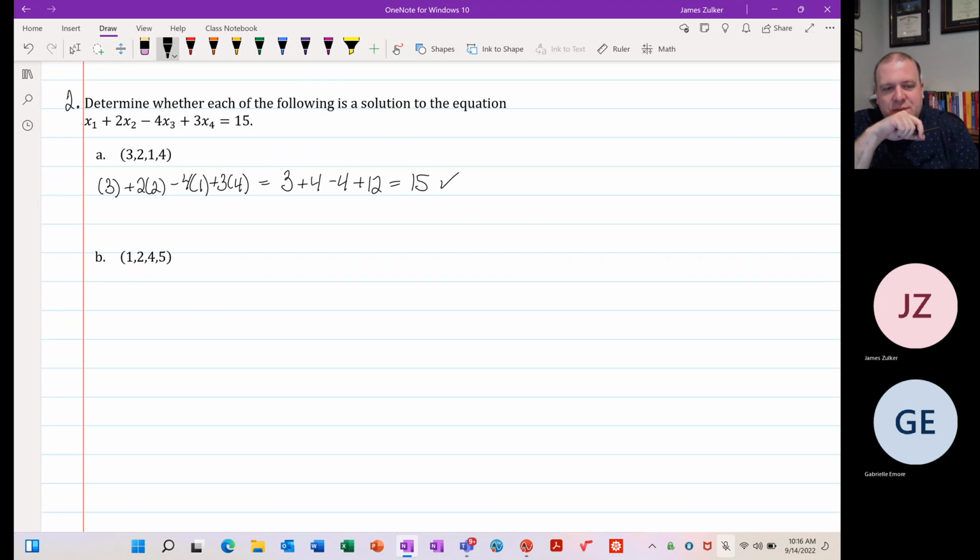And when you plug it in, you do get 15, right? And 15 equals 15. So this is a solution.